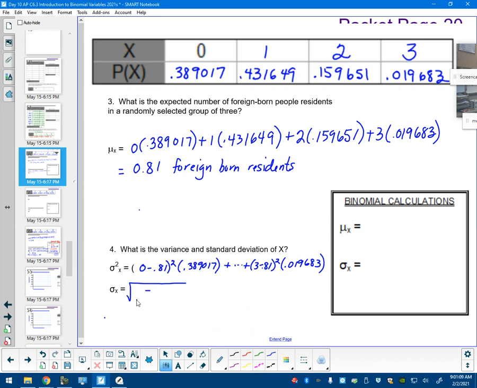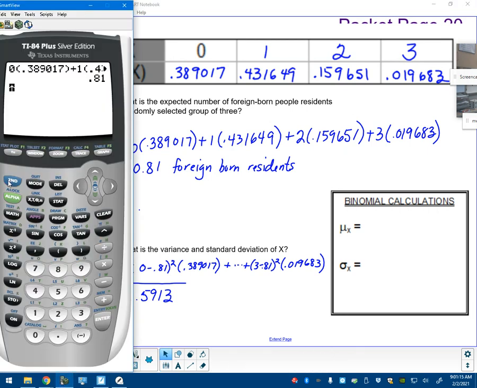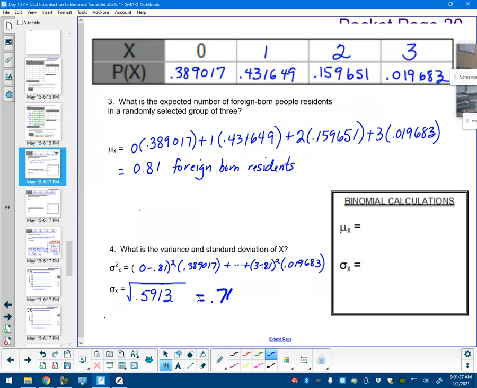So this is 0.5913, and if I take the square root of 0.5913, I get 0.769 foreign-born residents.